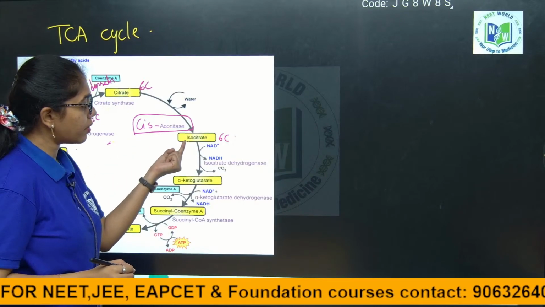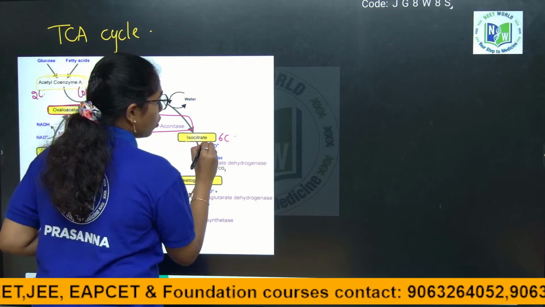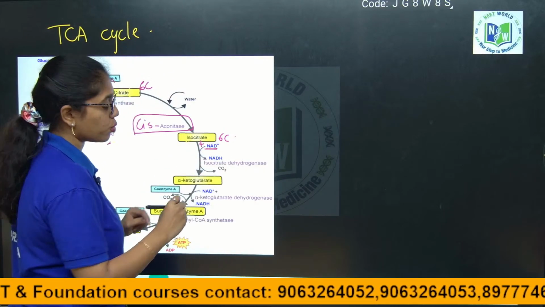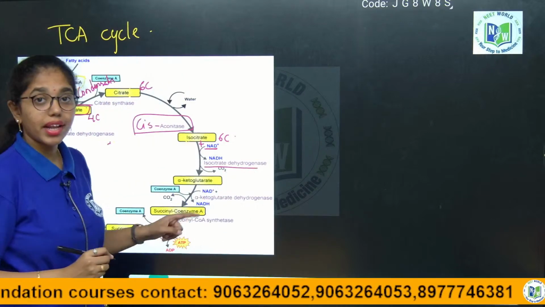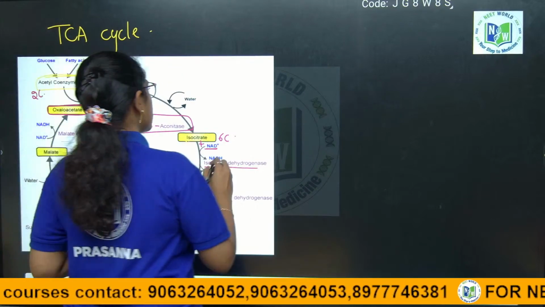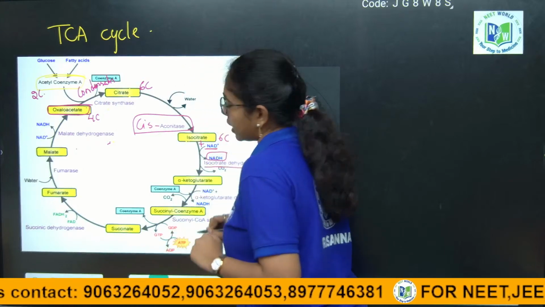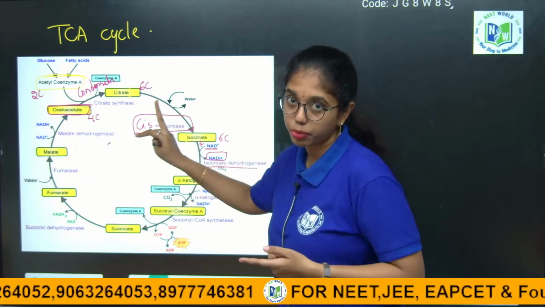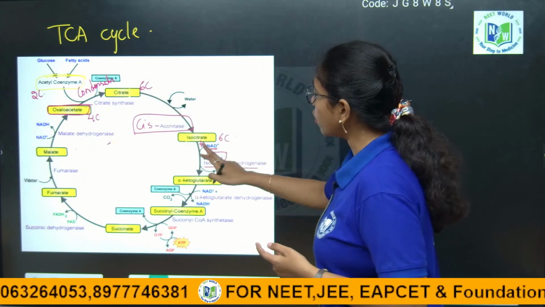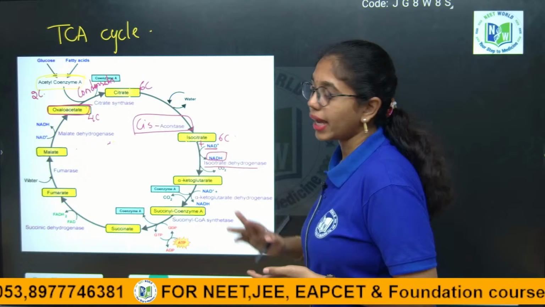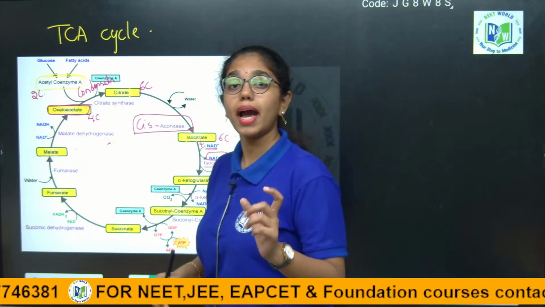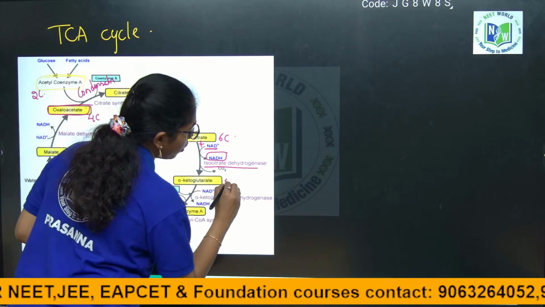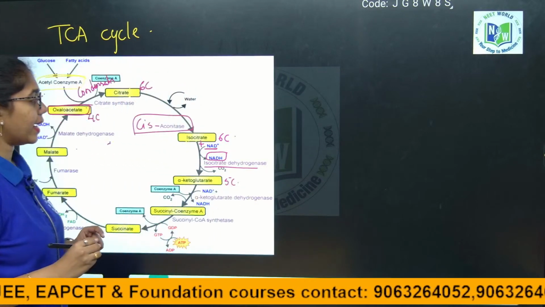Then isocitrate, along with NAD plus, is turned to NADH by the enzyme isocitrate dehydrogenase. So, this is the step where one NADH is released. If we are considering one acetyl-CoA, one Krebs cycle, at isocitrate one NADH is released by the enzyme isocitrate dehydrogenase, and then a 5-carbon compound, alpha ketoglutarate, is formed.